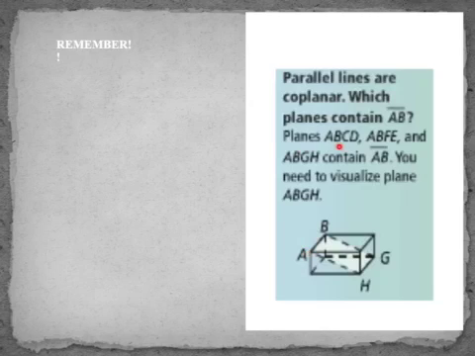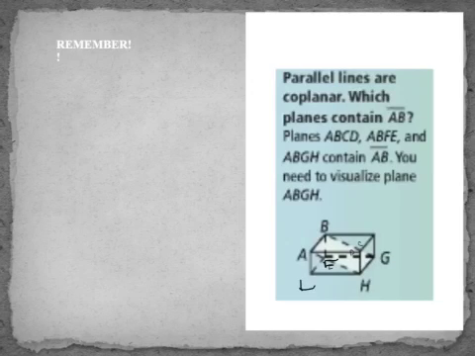So planes ABCD, which would be this top plane because this is point C, this is point D. Plane ABFE because this is FE and this is F. And plane ABGH also contains line AB.